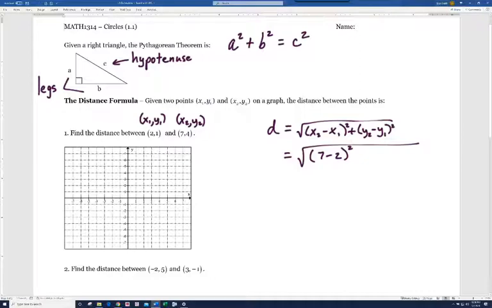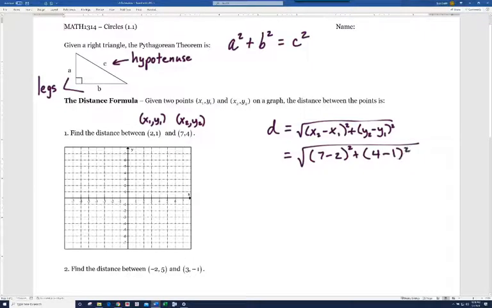And so if you subtract x sub 2 minus x sub 1, notice that's 7 minus 2 here, and we're squaring that, plus, and then let's subtract the y values here. Notice y sub 2 minus y sub 1, that's going to be 4 minus 1.